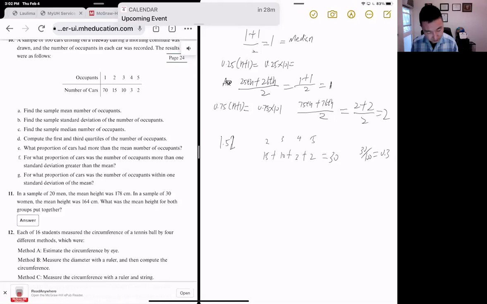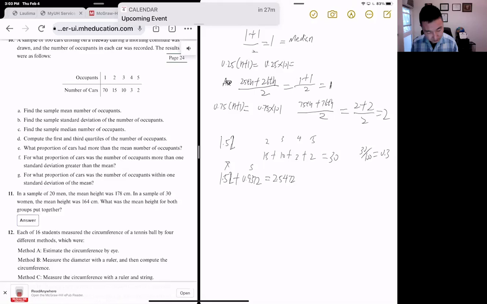So the proportion is 30 over the total of 100, which is 0.3. Very easy. F. What proportion of cars had a number of occupants more than one standard deviation greater than the mean? This is the mean, plus one standard deviation, 0.9372, which is sigma. That gives 2.54.